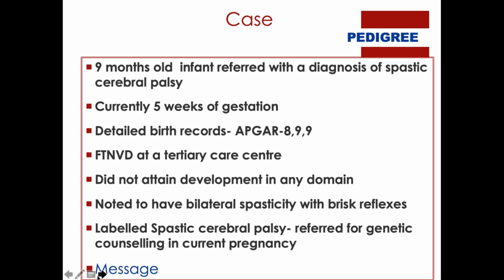So this was something which happened after the birth, and he was then noticed to have bilateral increase in tone of all the extremities with very brisk reflexes. And since this mother was again pregnant, she was referred for genetic counseling in the next pregnancy.